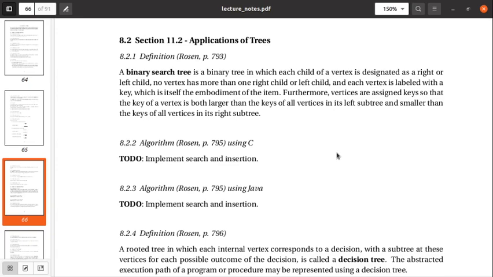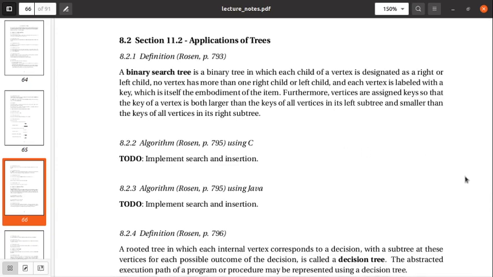So that it falls between everything that happens on the left and everything that happens on the right. And so if a binary search tree is balanced, then you end up with something that has pretty quick search. And so there's a trick to maintaining a binary search tree, and we'll look at those later.